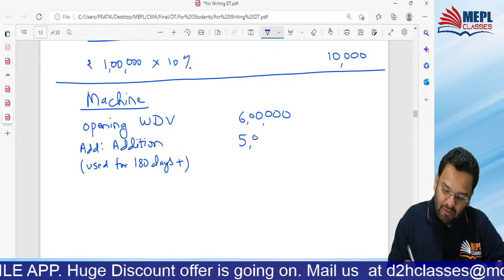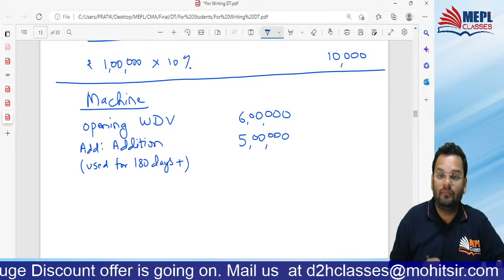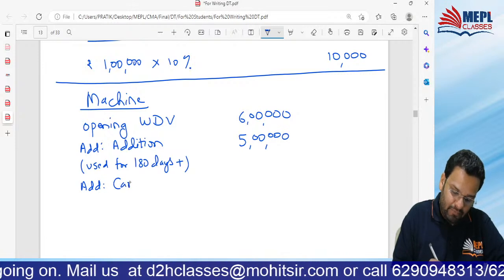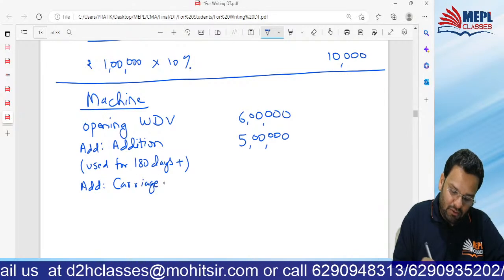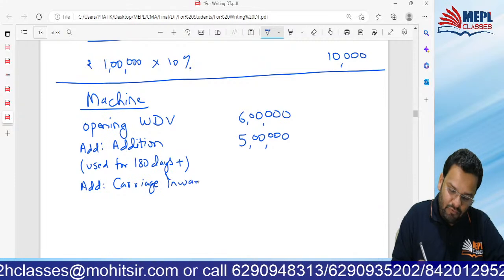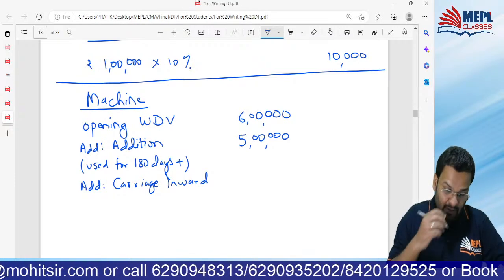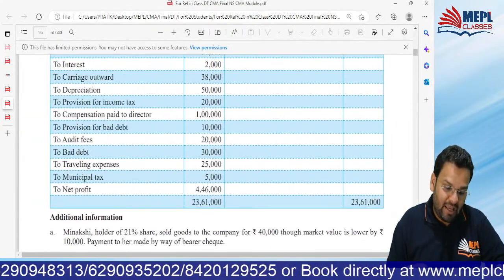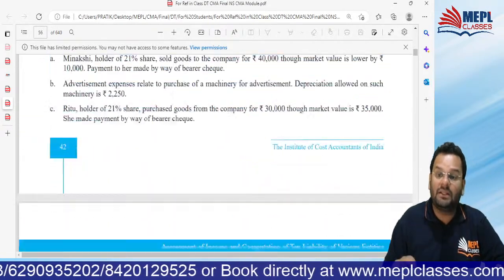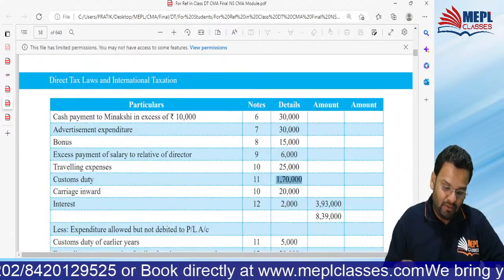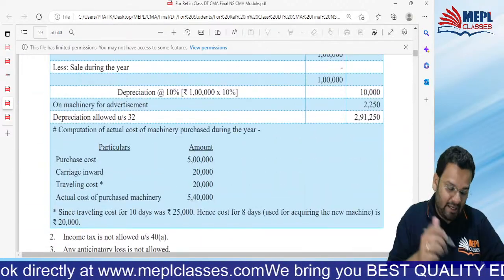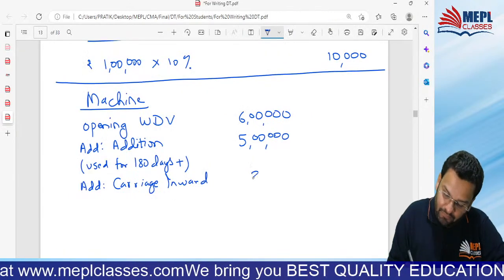So add that 5 lakhs. Then don't forget there is carriage inward that you have spent for this. That carriage inward is 20,000 rupees. That was also for purchase of machine. So please take that carriage inward.